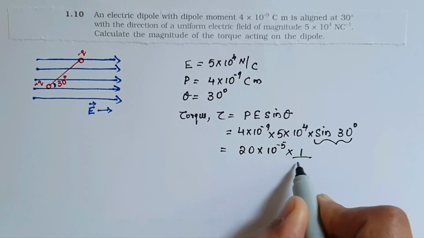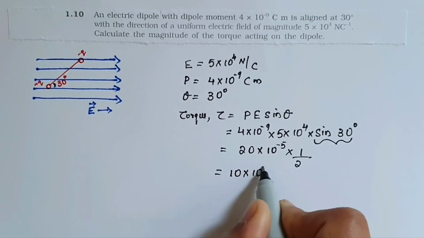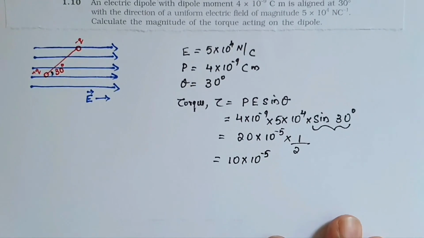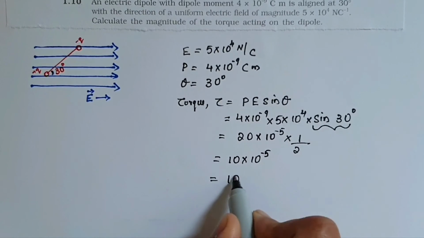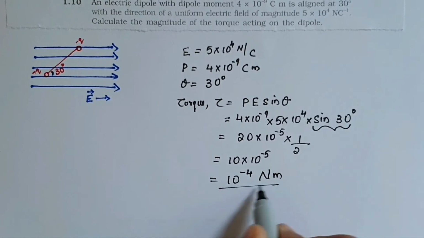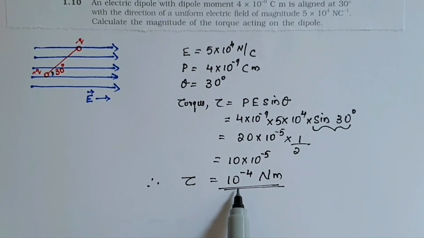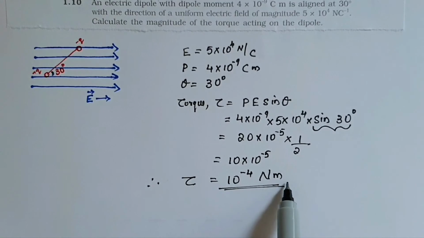It is half. So this is equal to 10 into 10 raised to minus 5. That is 10 raised to minus 4 Newton meter. Therefore, the torque acting on the dipole is equal to 10 raised to minus 4 Newton meter.